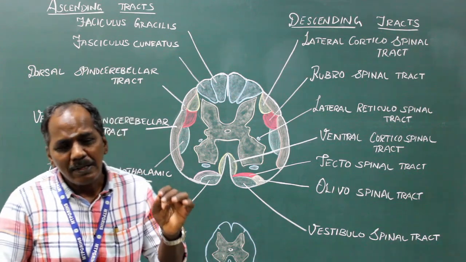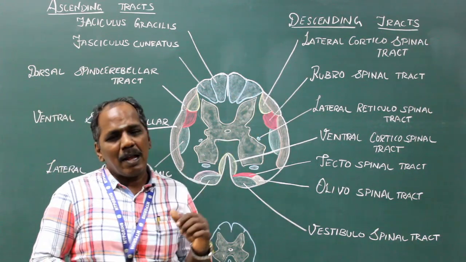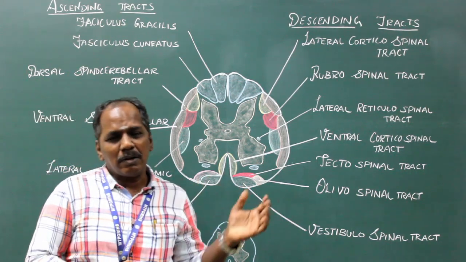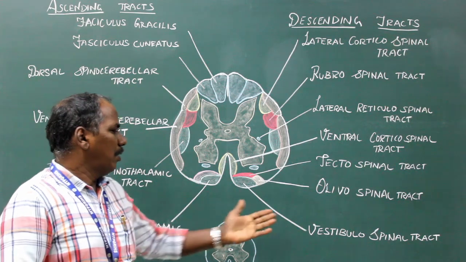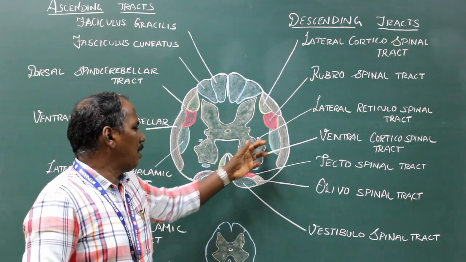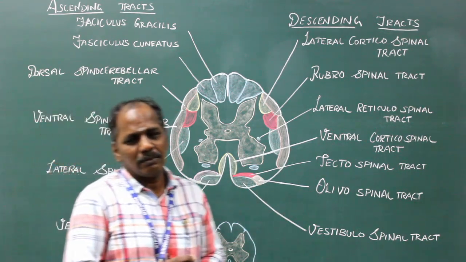The extrapyramidal system includes rubrospinal tract, olivospinal tract, tectospinal tract, vestibulospinal tract, and lateral and medial reticulospinal tract.